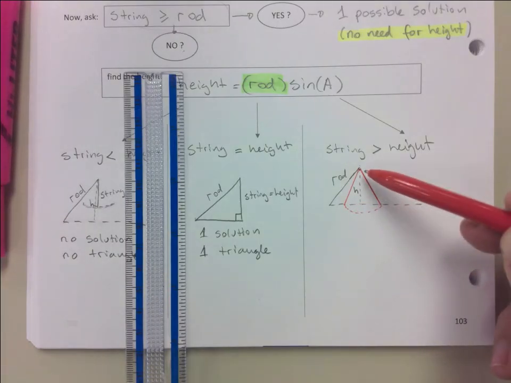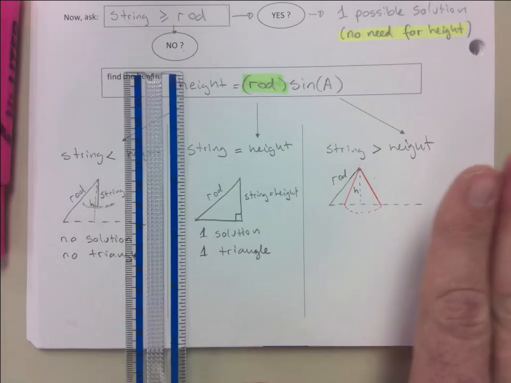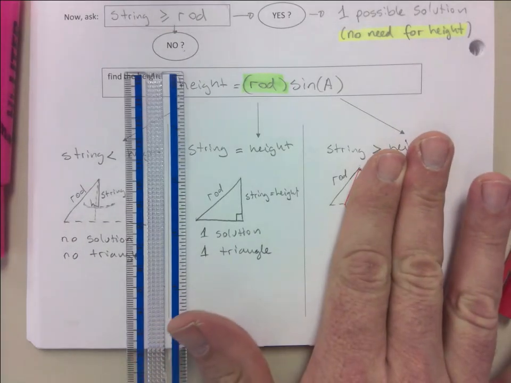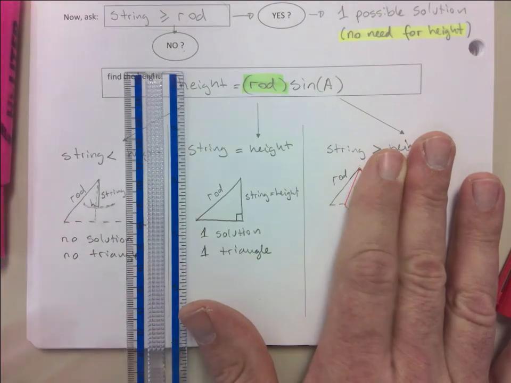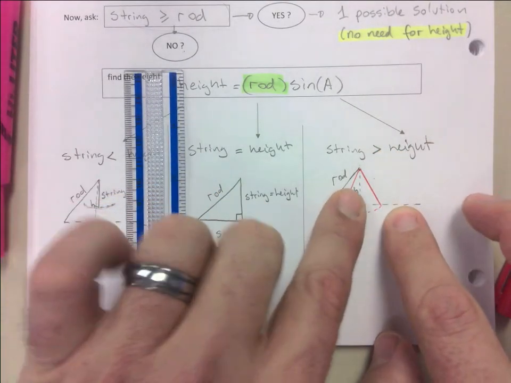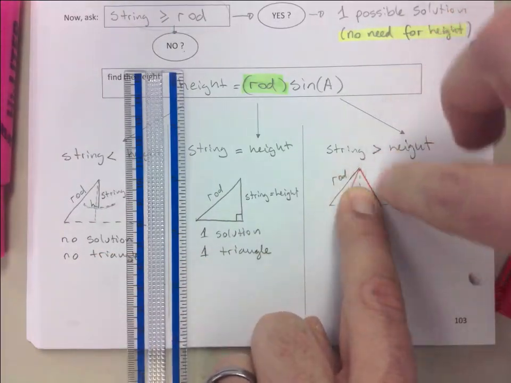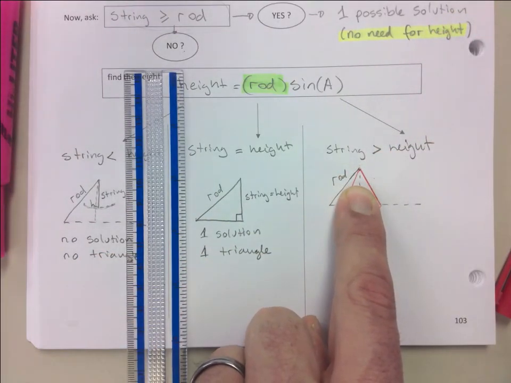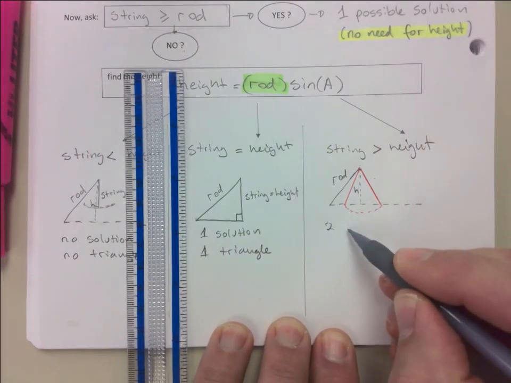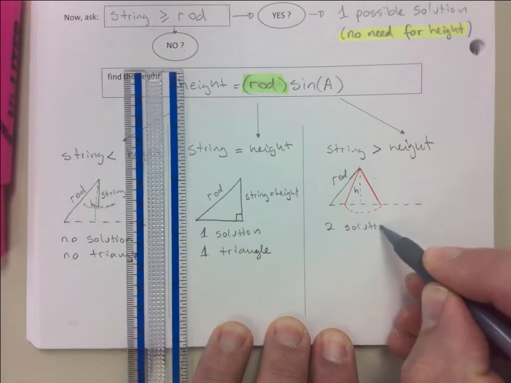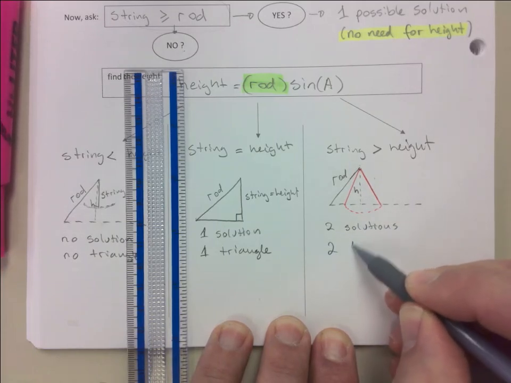So how many triangles are you going to create? You're going to create one right there if the string swings in, or if the string swings out, you ignore everything, you're going to create another triangle there. So there's two triangles available. Two solutions, two triangles.